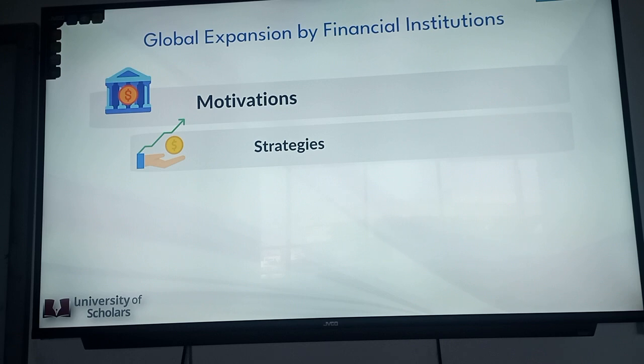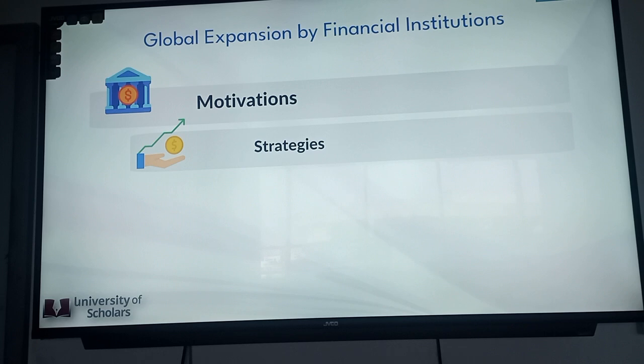In a new market, we will build our financial institution, our branch or any subsidiary from scratch, from ground to top. So to achieve our motivations and our targets, we need to form strategies, and after forming the strategy, we need to implement it.